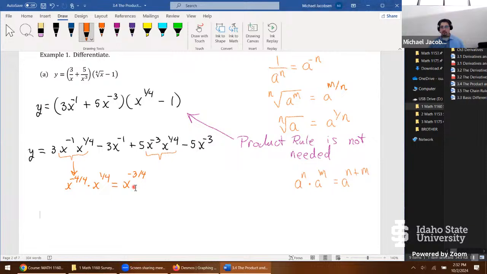Okay, well, that was so fun. We'll just do it all over again with these two. So same strategy. We have to add a fourth to negative 3. That means we take the negative 3 and multiply by 4 divided by 4. So this will turn into 5 x to the power of negative 12/4. And then just double check.